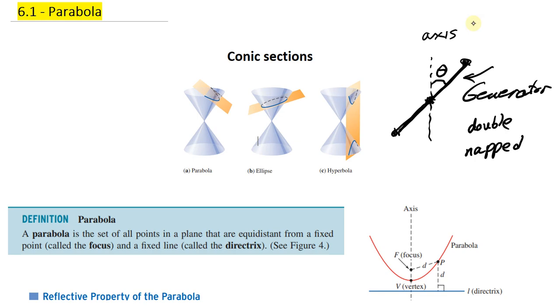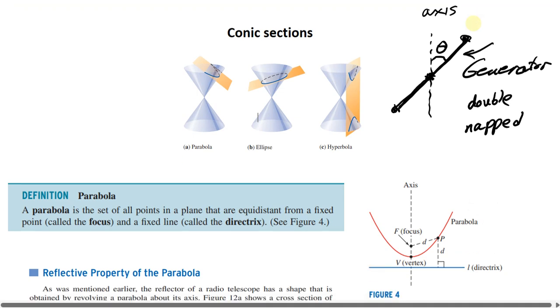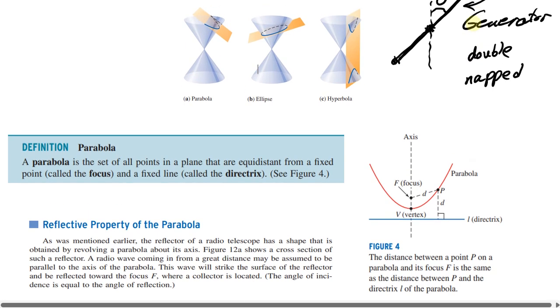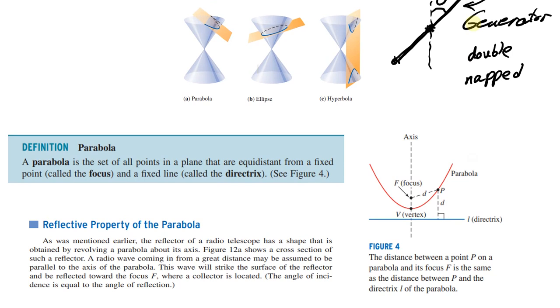All right, so now that we know about the conic sections, let's actually look at the definition of a parabola. A parabola is the set of all points, or the locus of all points in the plane, that are equidistant. So there's the key word here. That are equidistant from a fixed point, called the focus, and a fixed line, called the directrix of that parabola.